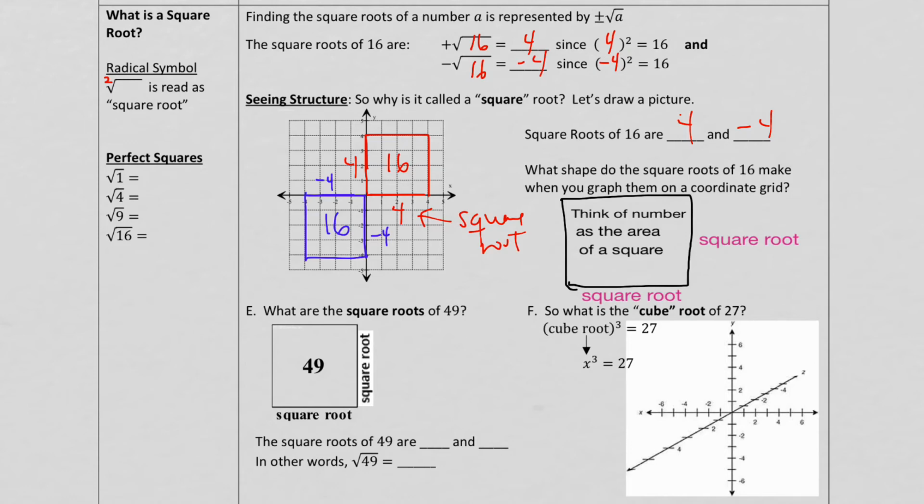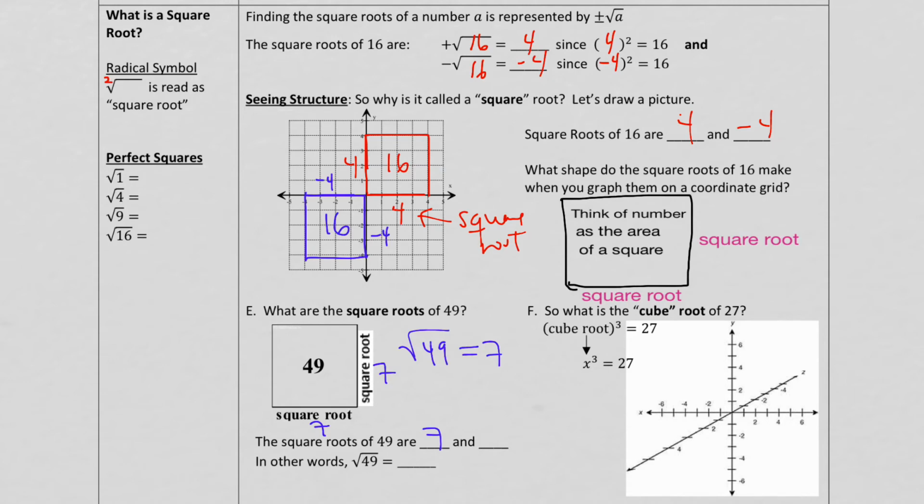A square root is going to represent the side length of a square whose area represents the number that we're looking at. So for example, if I want to find the square roots of 49, I can consider a square with an area of 49. The square roots are going to be the side lengths of this square. So we know that it's going to equal 7 times 7. So 7 is a square root of 49.